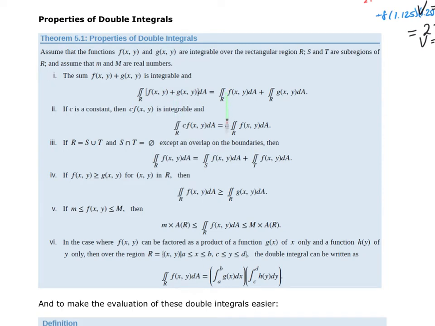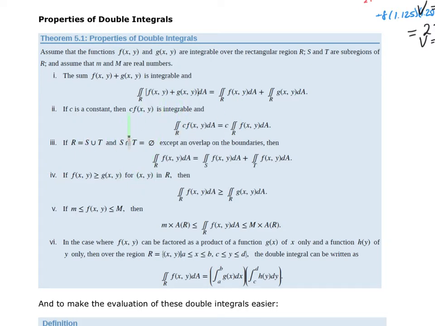So I can look at the first one of the functions and integrate it, and then look at the other function and integrate it. Now, the reason I might want to do this is say that this first piece of the function is better to integrate with respect to y, but this second one that I'm adding to it is better to integrate with respect to x first. So this is why you'd want to break them up. You don't always have to, but you can. This is the rule that allows us to do that.